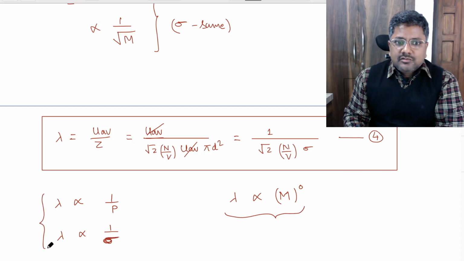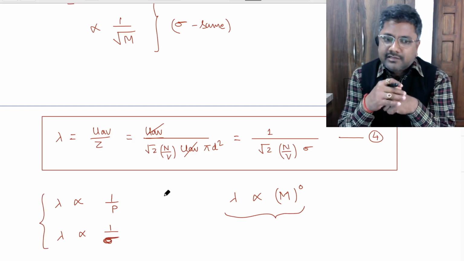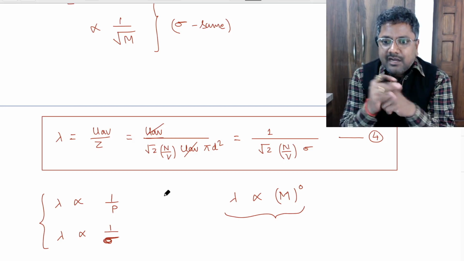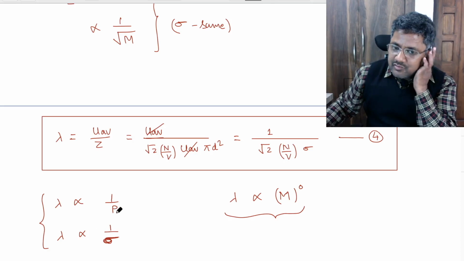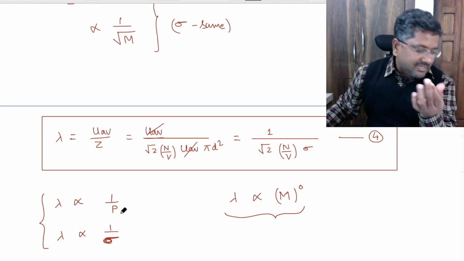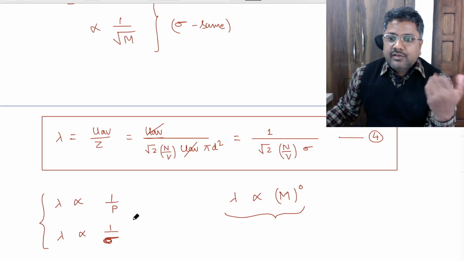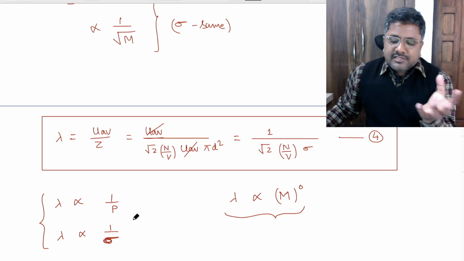These are the different interpretations, and definitely you will get questions based on this. So mean free path is independent of the molar mass of the gas, but it is inversely proportional to the pressure. Logically you can understand this: when you increase the pressure, molecules come close to each other.